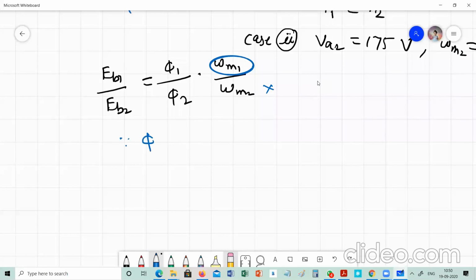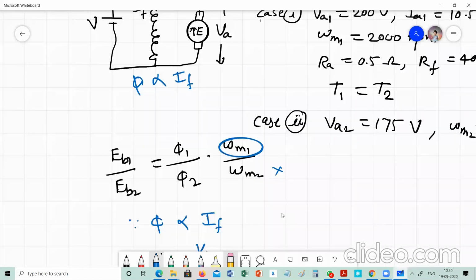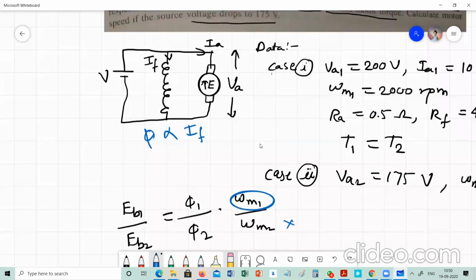Since phi is proportional to IF, as we have to calculate phi 1 by phi 2, IF is equal to VF by RF. IF is the current flowing through the windings.